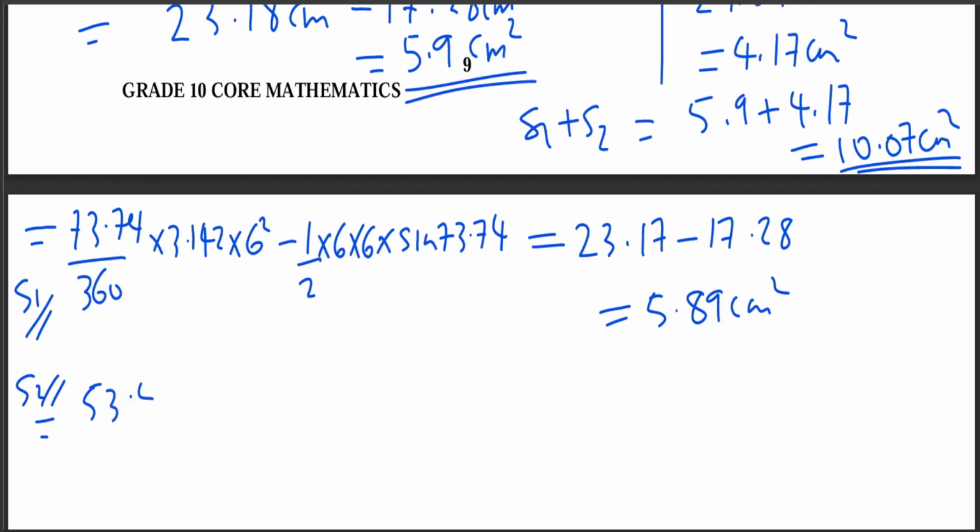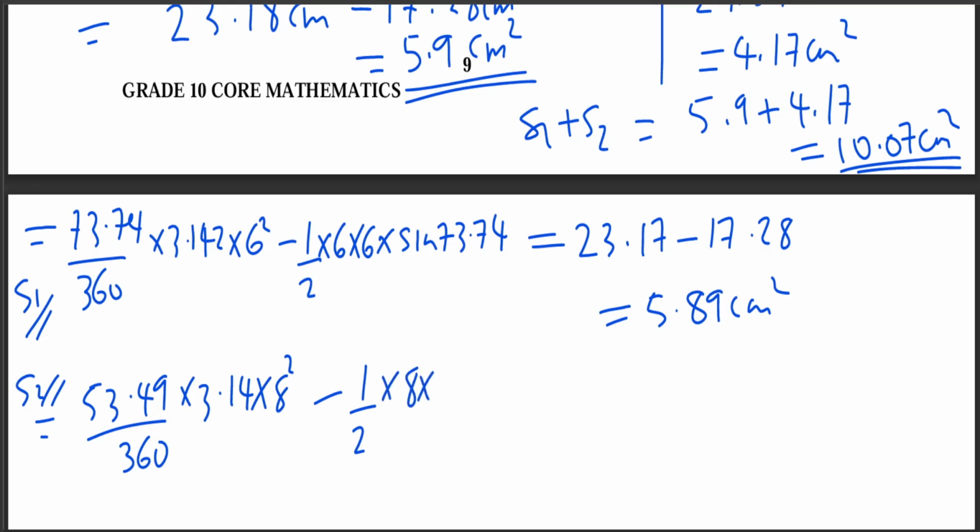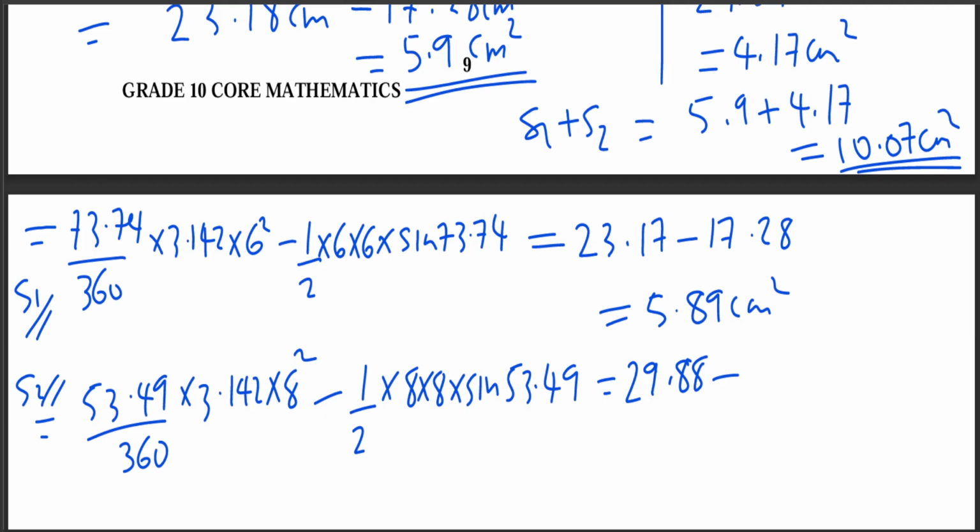So 53.49 over 360 times 3.142 times 8 squared minus a half times 8 times 8 times sine 53.49 is going to give you 29.88 minus a half times 8 squared times sine 53.49 is going to give you 25.72.